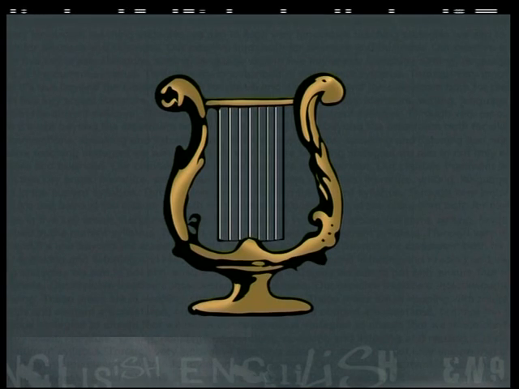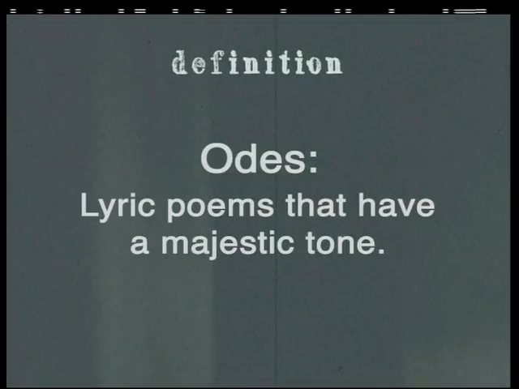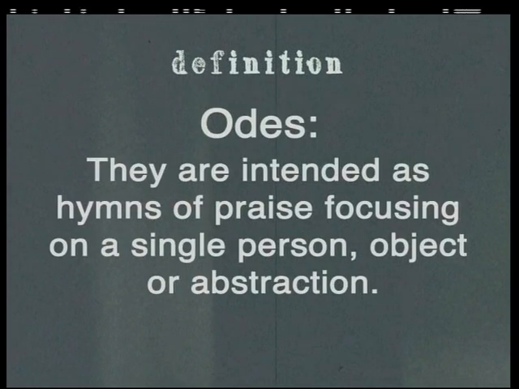Originally, music accompanied odes, and they are examples of lyric poems. Here is a definition of an ode. Odes are lyric poems that have a majestic tone. They are intended as hymns of praise, focusing on a single person, object, or abstraction.